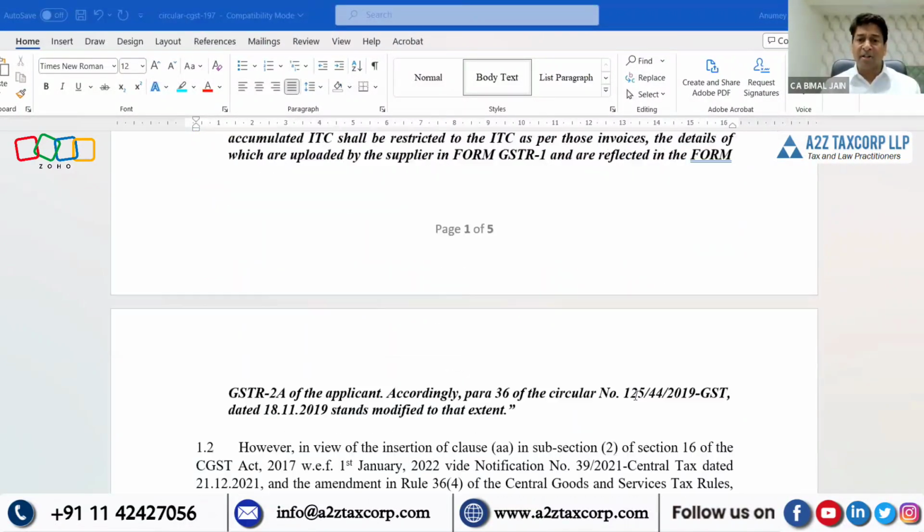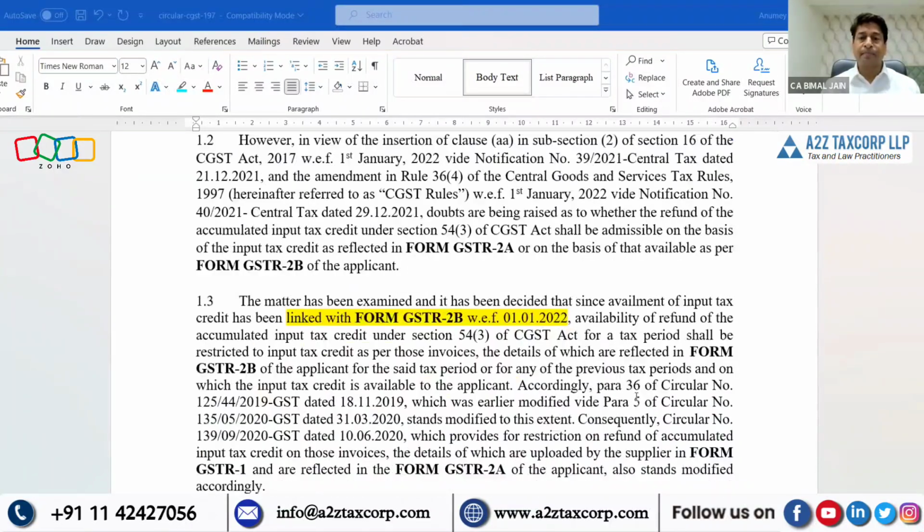In the same context, what they are saying is that the refund which you are filing on or after 1st January 2022 would be linked with GSTR 2B. That is the clarity for getting refund of input tax credit on input and input services. There is no refund of capital goods under the refund of ITC model.